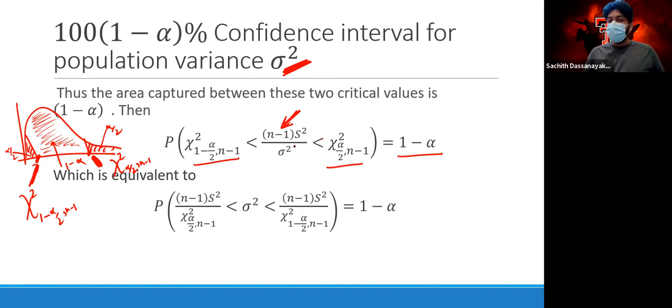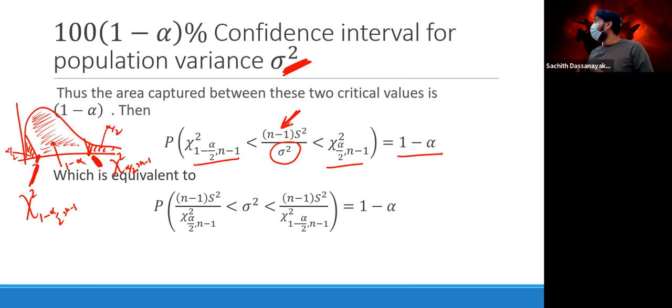So what you need is this guy, variance. If you need variance, sigma squared, you have to isolate sigma squared, right? So you can flip this inequality.